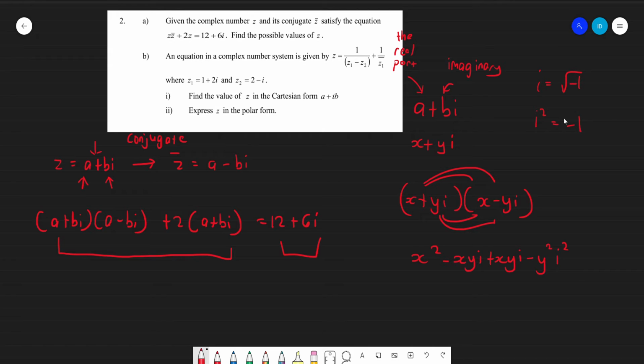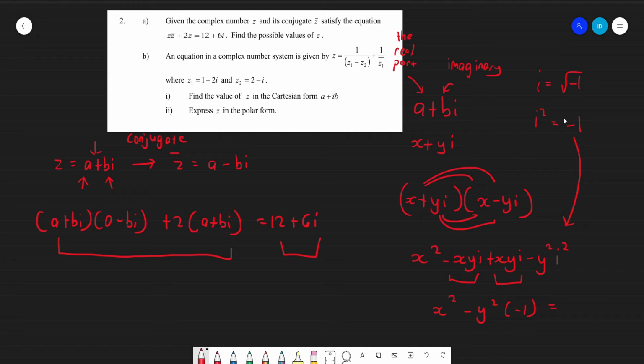Therefore, we know that the term negative xyi and positive xyi, we can simplify because both of them have similar terms, but the values are different, negative and positive. Therefore, the sum of both of these terms will be 0. And then remember, i squared will be negative 1. So therefore, x squared minus y squared times i squared, we can just substitute the value for i squared, which is negative 1.